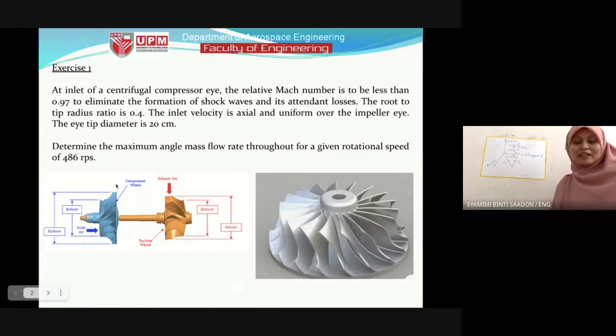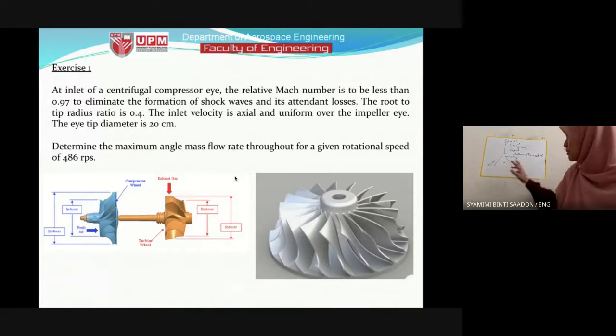Determine the maximum mass flow rate throughput for a given rotational speed of 486 rotations per second. The maximum mass flow rate is related to beta. That's why we have to draw the velocity triangle, so we know where beta and alpha are situated.